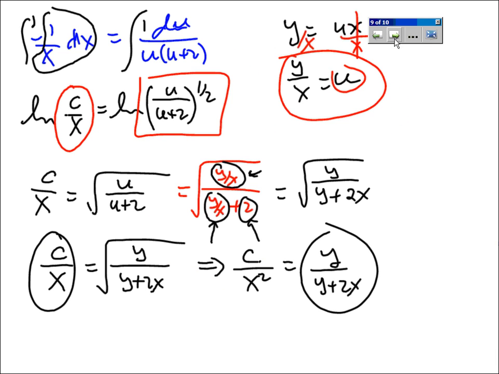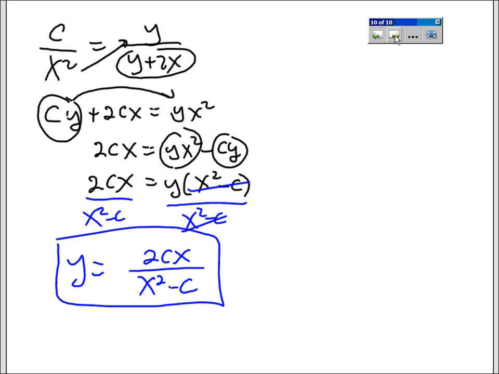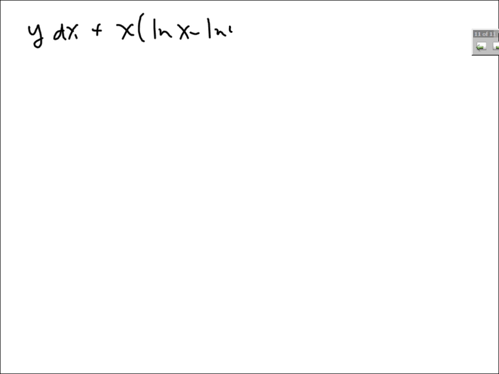Okay, let's try one more problem like this. This one will be slightly different. It will have an initial condition, which means that we will be able to solve for the constant of integration.